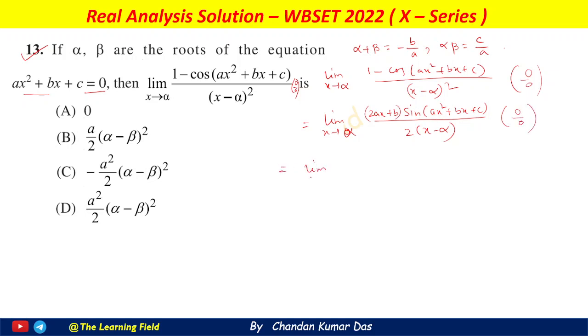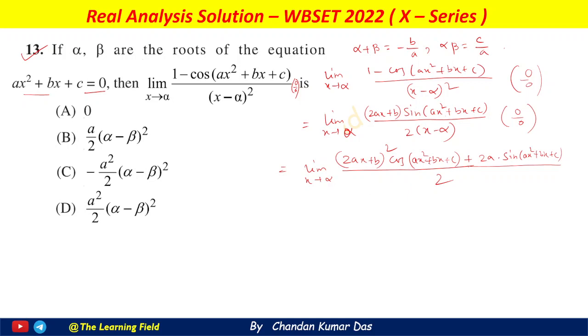So limit x tending to alpha, if we differentiate this term, then we again get (2ax plus b) whole square, and cos of (ax square plus bx plus c), plus both 2ax plus b means 2a into sine of (ax square plus bx plus c), and then this is simply 2.